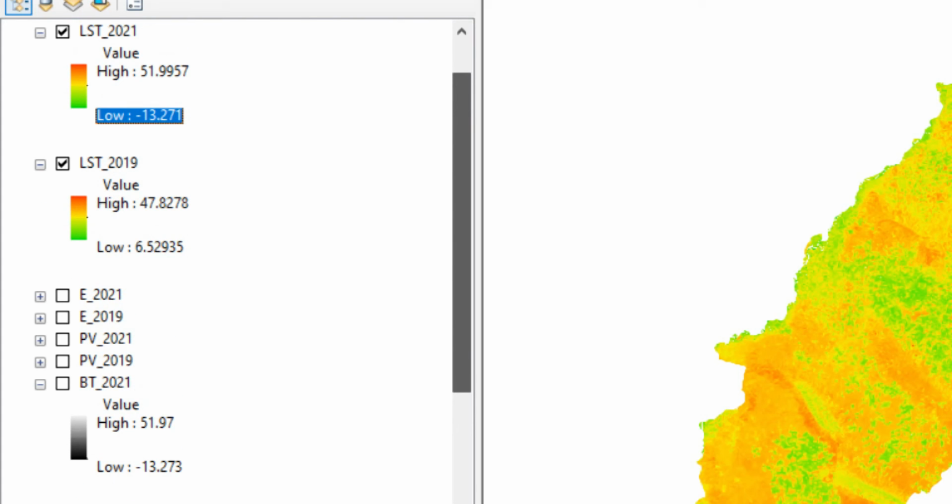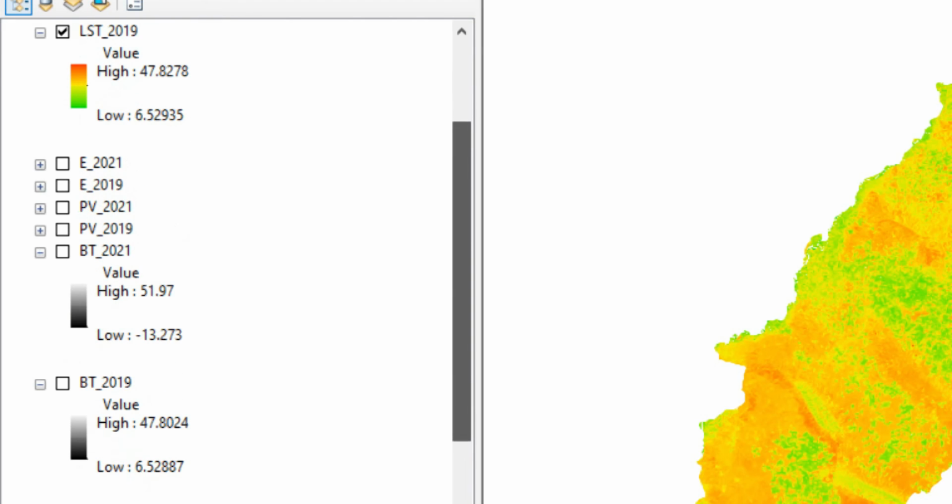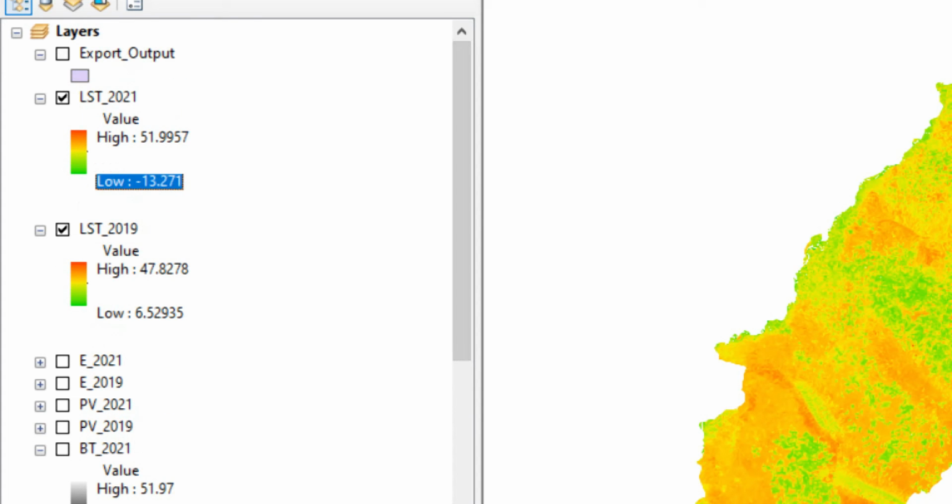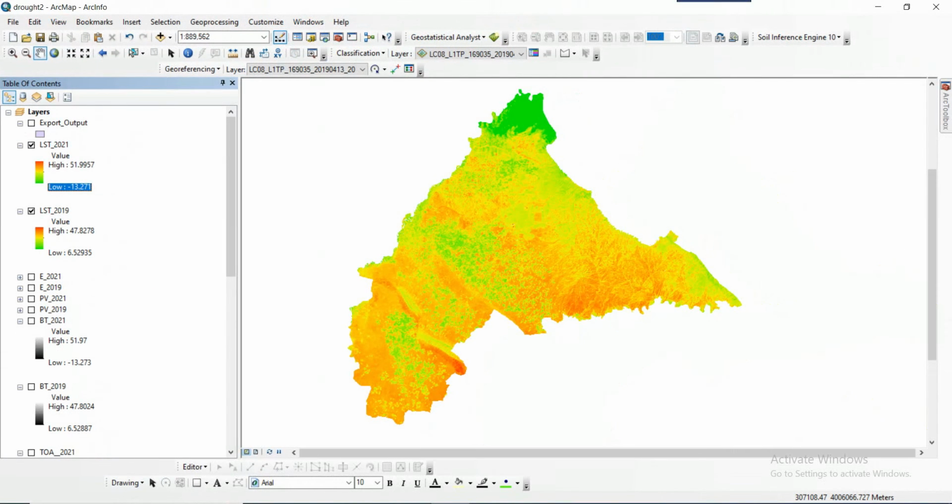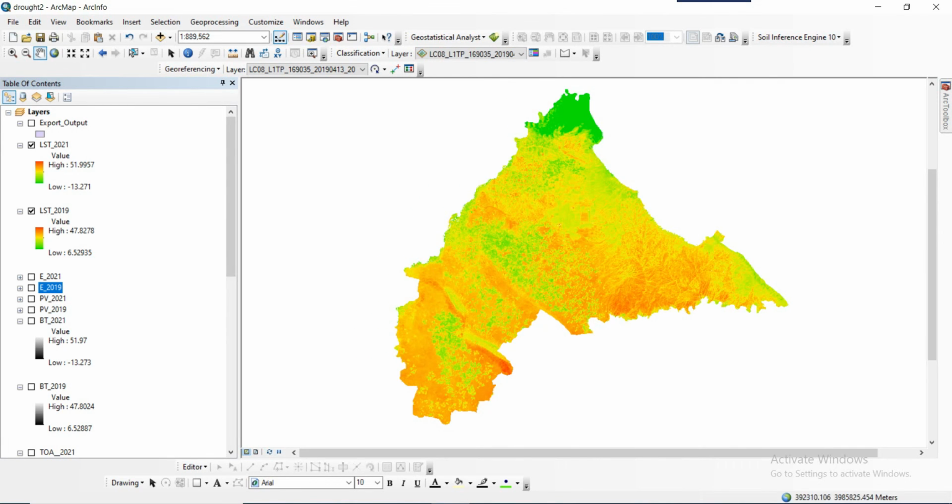It's maybe less than 1 Celsius degree, and we can consider these differences as a correction, because as I said before, in many researches they depend on the BT as the land surface temperature itself, but we calculate the PV and emissivity in order to perform the final LST, just to correct the image from any kind of errors.